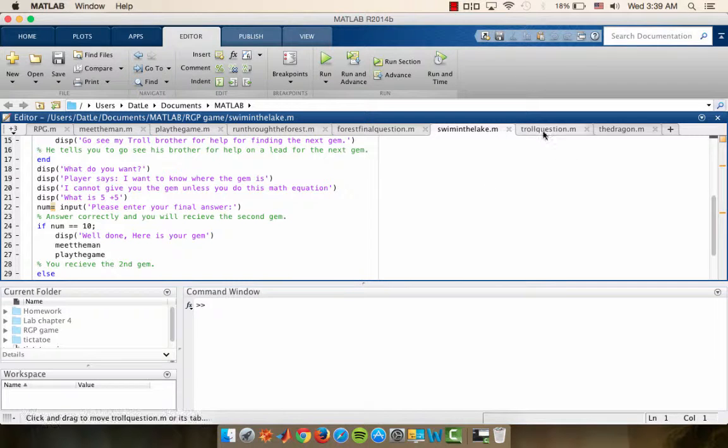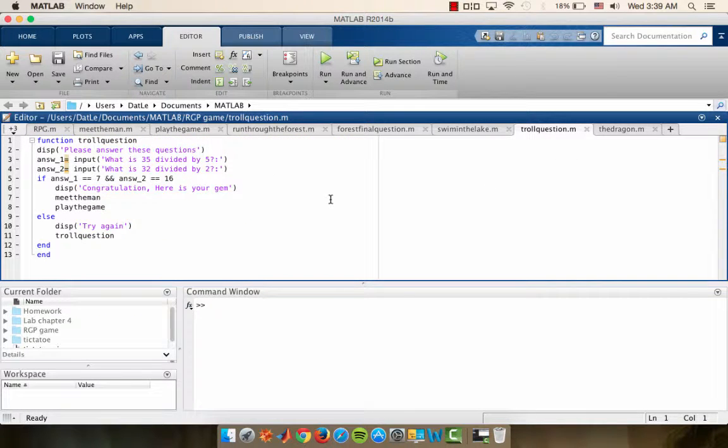Alright. The troll question contains the Swim the Lake, or case 2. It contains a compound statement and also 2 if-else statements in another function.